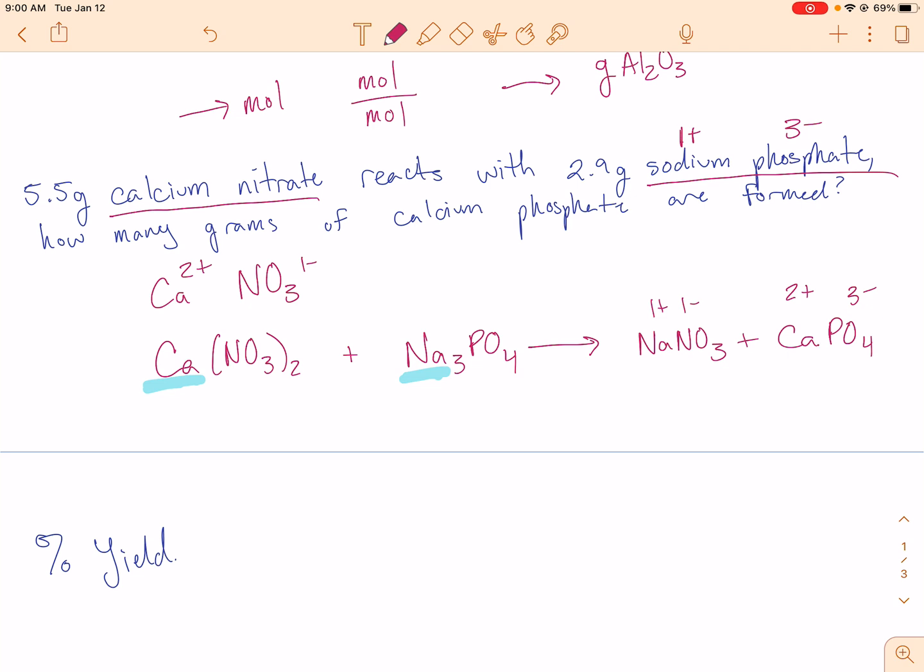That's going to be Ca3, PO4, 2. And once you write that, we're going to need to then balance it to finish this up. So we have 3 calcium, so we need a 3, 2 phosphates, so we need a 2, and then we need a 6 on that sodium nitrate.